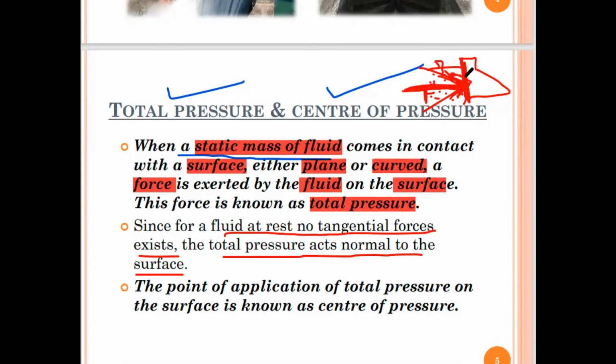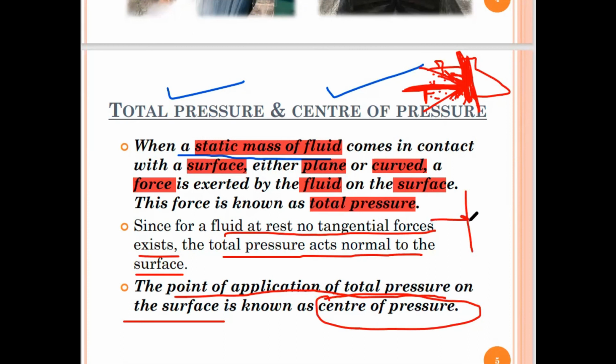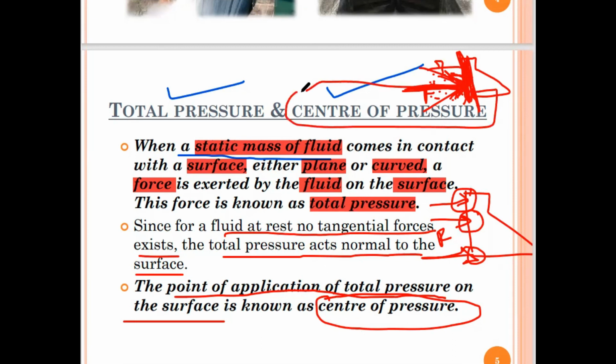This F will always act perpendicular to this plane surface, and the point of application of that total pressure on the surface is known as the center of pressure. So what is center of pressure? It is the point of application, the point at which this F will act. It may act at the top of the surface or at the bottom of the surface. That point of application of the total pressure is nothing but the center of pressure.